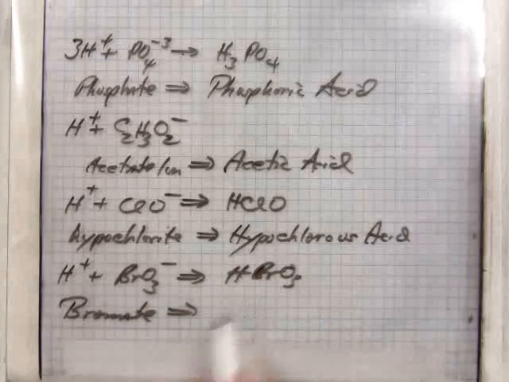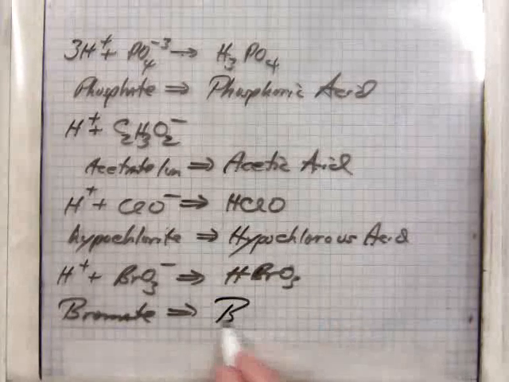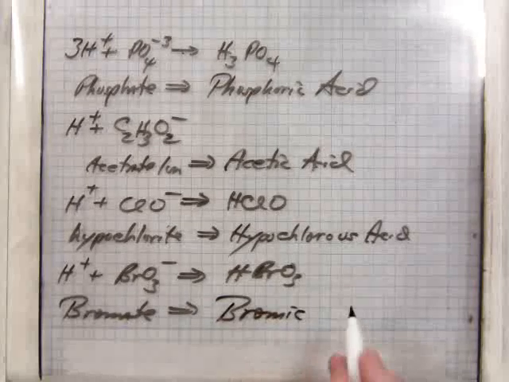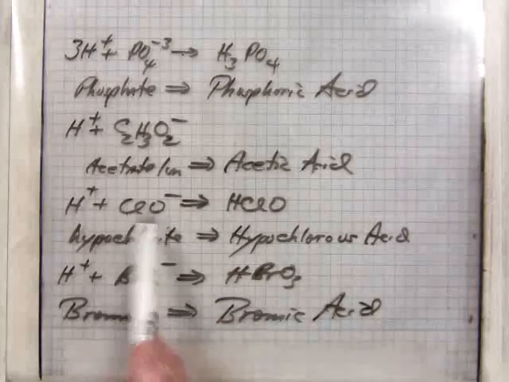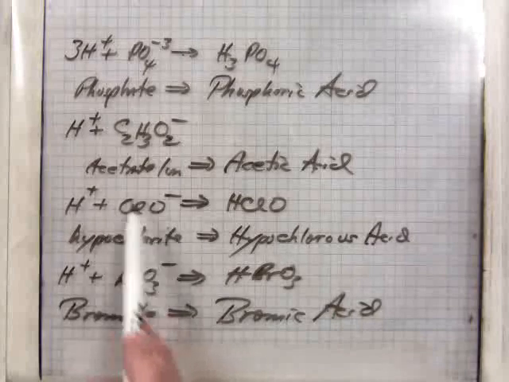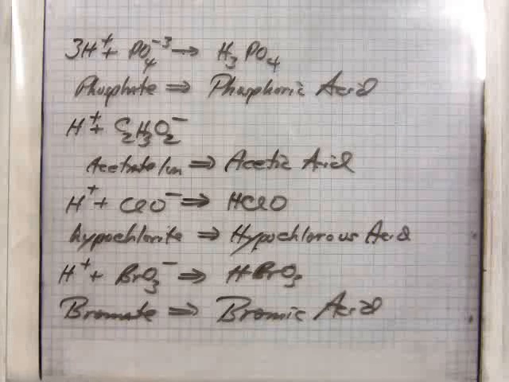And so that ATE becomes ic acid, so it's bromic acid. If it was a BrO, just 1-to-1, it would be hypobromous acid. So you can see the common trends in the naming of these compounds. If you just do a little bit of study in there, you master it pretty quickly.